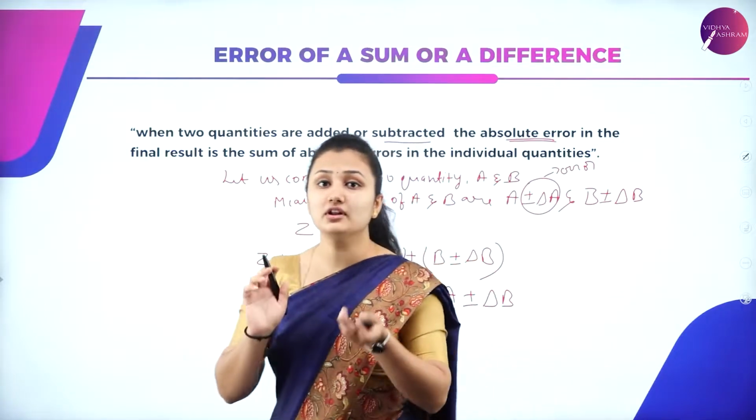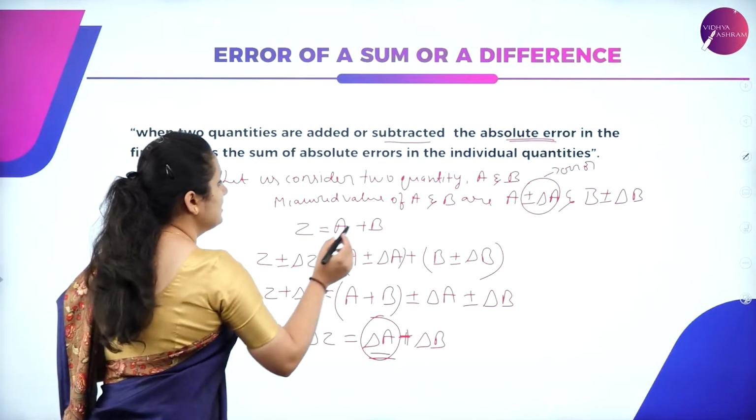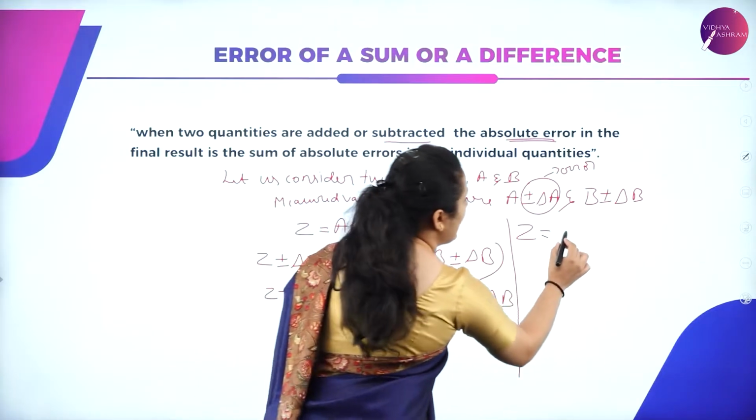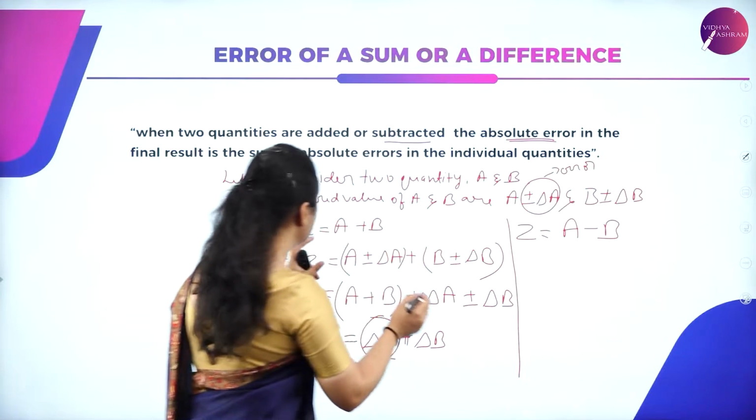Similarly, you can perform it for the difference and see what answer you get. If it is a difference, you will consider Z is equal to A minus B. You are finding the difference; the sum is over. Perform the similar operation.